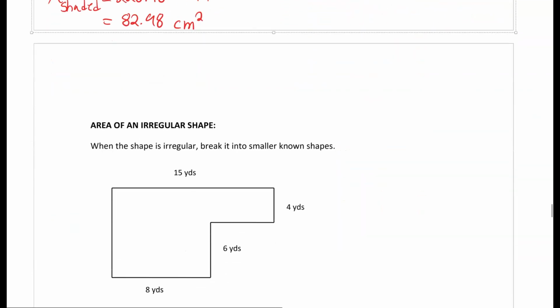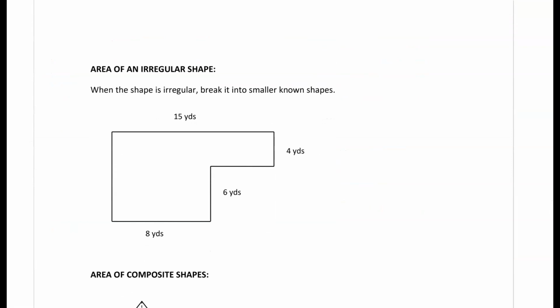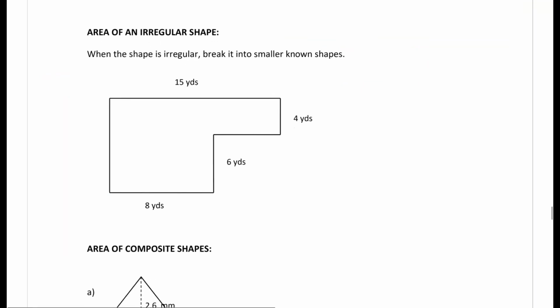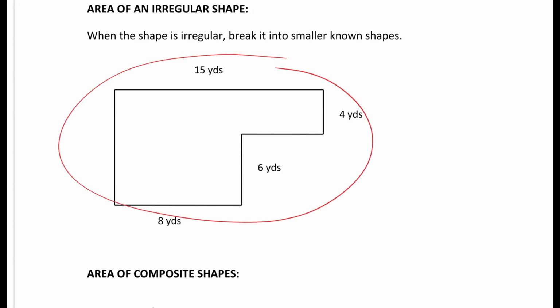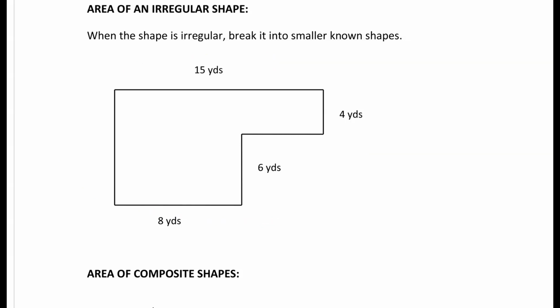The next thing we're going to be looking at today is an area of an irregular shape. So when the shape is irregular, break it into smaller known shapes. So if we have this shape that they provided for us here, we can break this down so that we imagine that there's a line there, and we can break this into two different shapes.